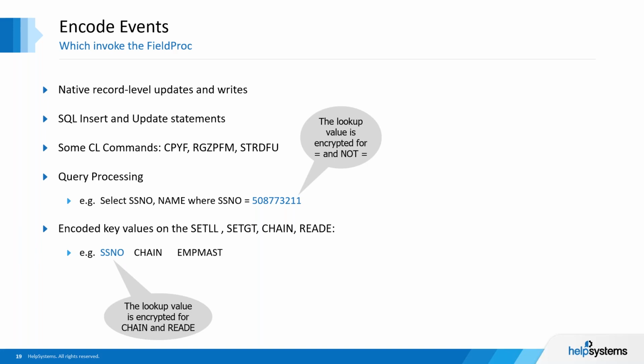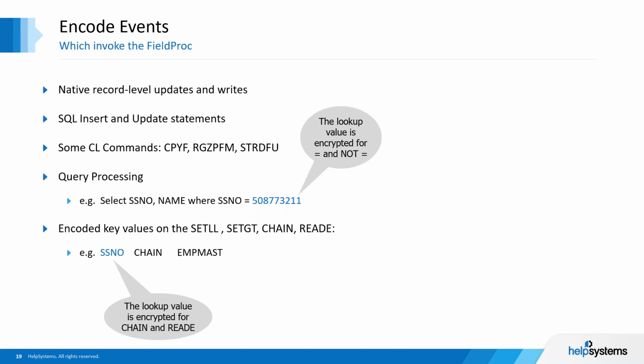The application itself is completely blind to this activity. It doesn't know and it doesn't care that the data is being put into that format as it goes to disk. If you're running an SQL insert or an update, it will invoke the field procedures, as will certain CL commands like copy file, reorganize physical file member, and start DFU.